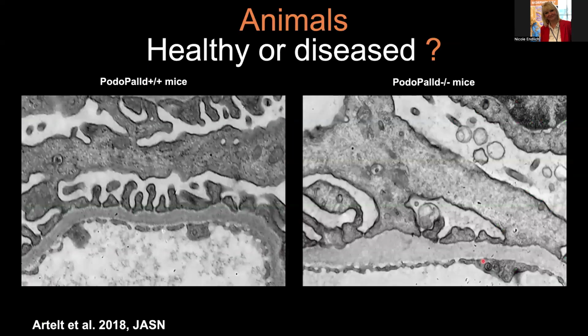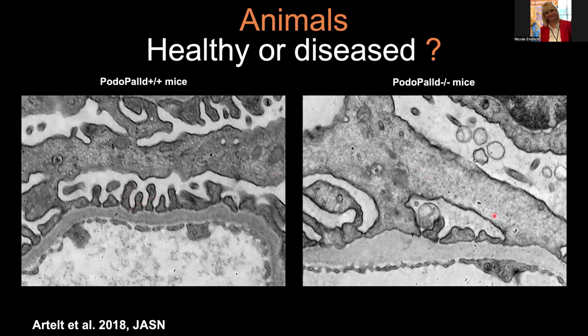Later on, we had a problem with an animal study of knockout animals for an actin-binding protein relevant in podocytes, called pallidin. We started in a classical way with electron microscopy. Very often we saw a healthy situation, like you see here on the left-hand side, the podocyte foot processes.